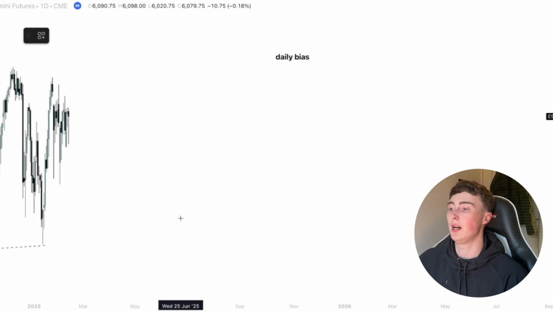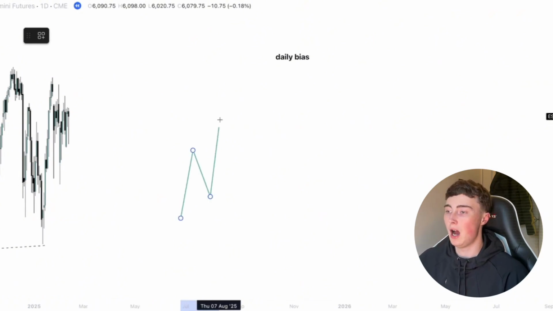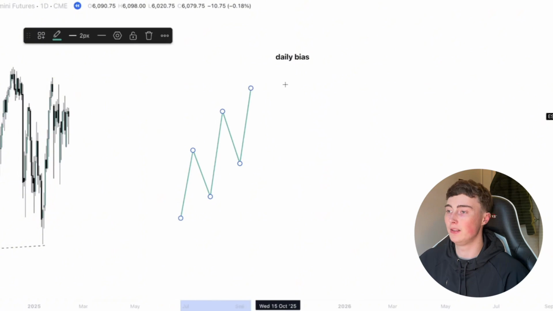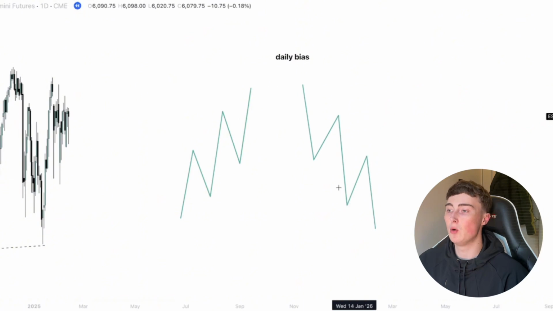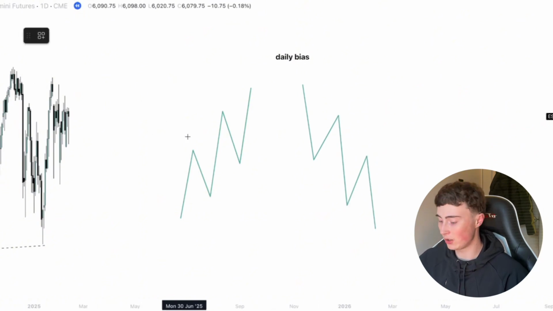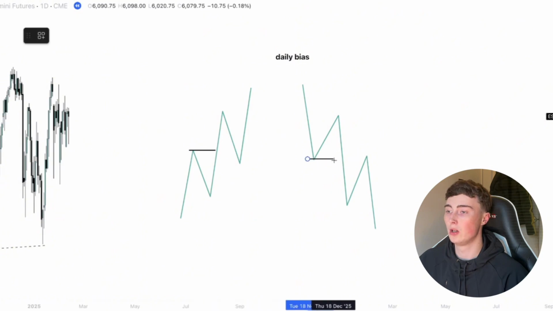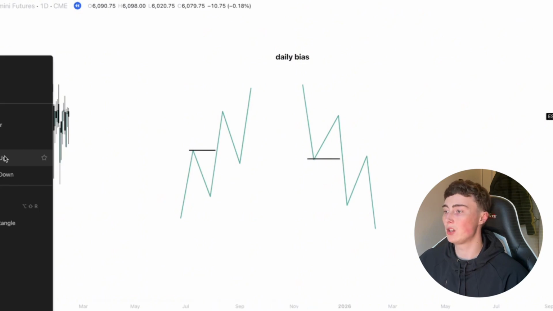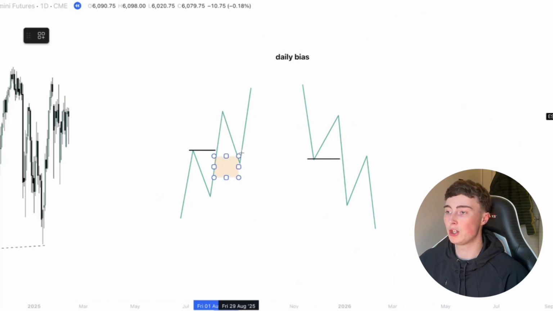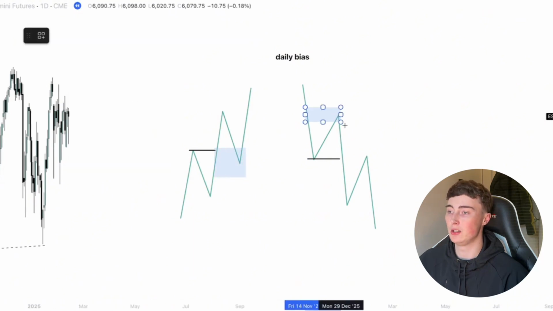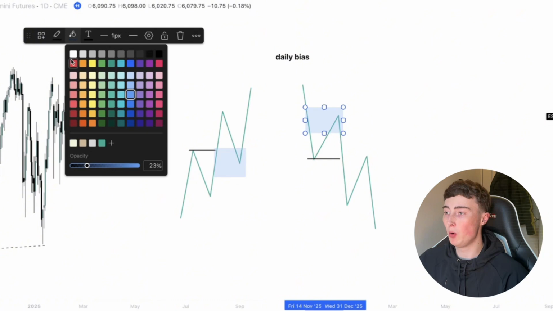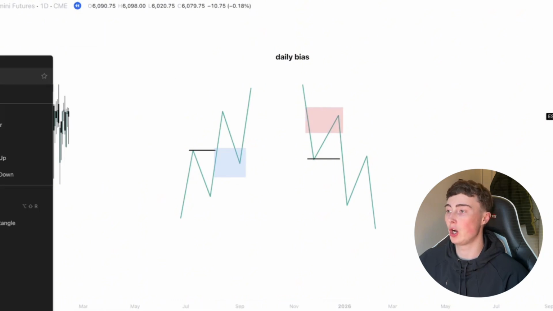Now, I never trade when price is in a consolidation. I have to be trading within a trending market. So I'll either identify a bullish or bearish trend. And essentially, I'm always going to be trading towards either external range liquidity, like old highs and old lows, or I'm going to be trading towards internal range liquidity, like bullish FVGs or bearish FVGs, which means whether we're bullish or bearish, I can actually trade in both directions.